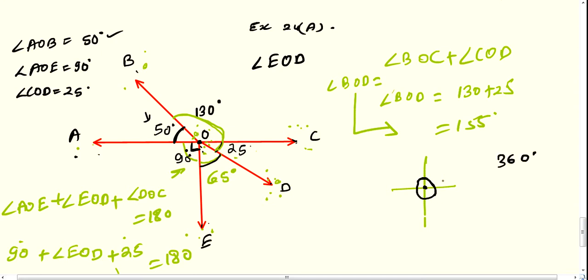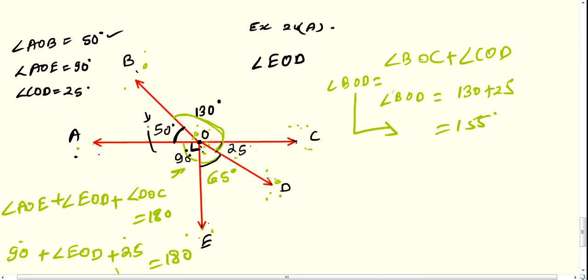This total complete angle is equal to 360 degree. But what if we have only this portion, and we want to know the value of this angle? Simply this is your reflex angle.